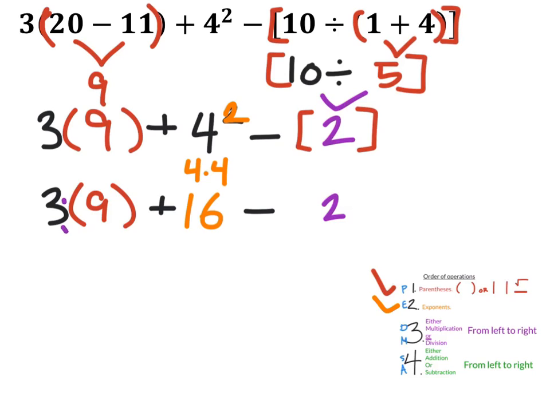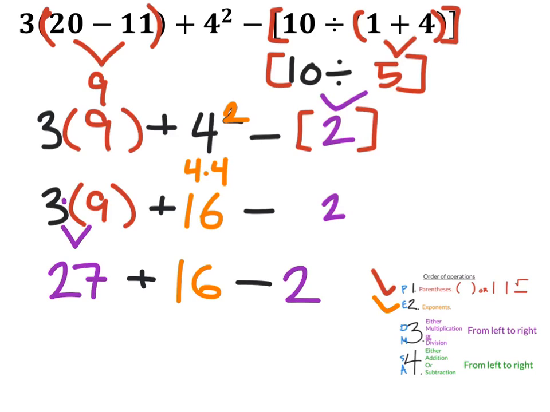Now that's 3 times 9 right there, which is 27. So there's my multiplication part of this. There was no division, so I just write down the rest of the problem, which is 27 plus 16 minus 2.